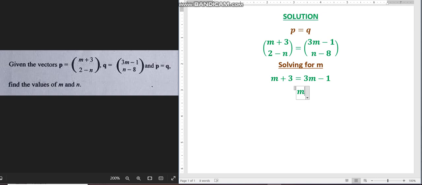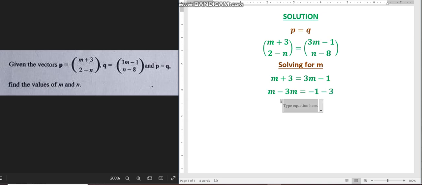The 3m will join the m on the left hand side of the equal sign, so m - 3m, which will be equal to, when we take 3m from the right hand side, negative 1. Then we push the 3 to cross the equal sign to join the negative 1 on the right hand side. But before that happens, the positive 3 needs to change to negative 3.